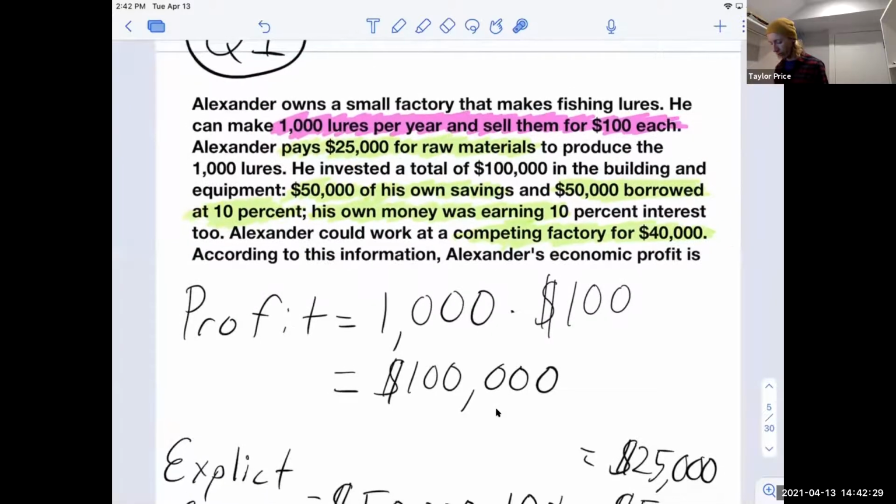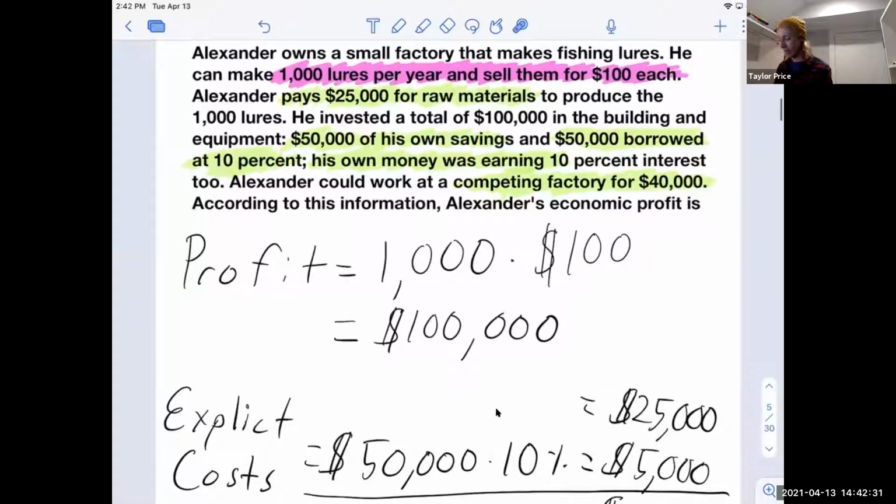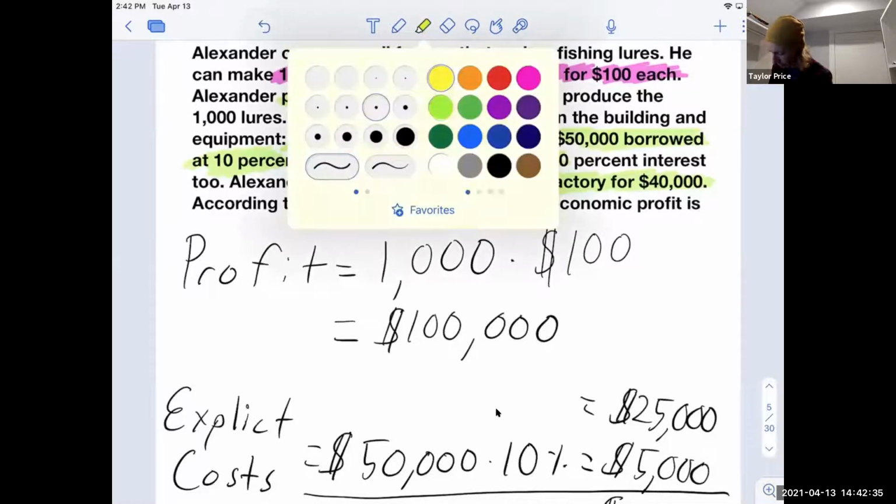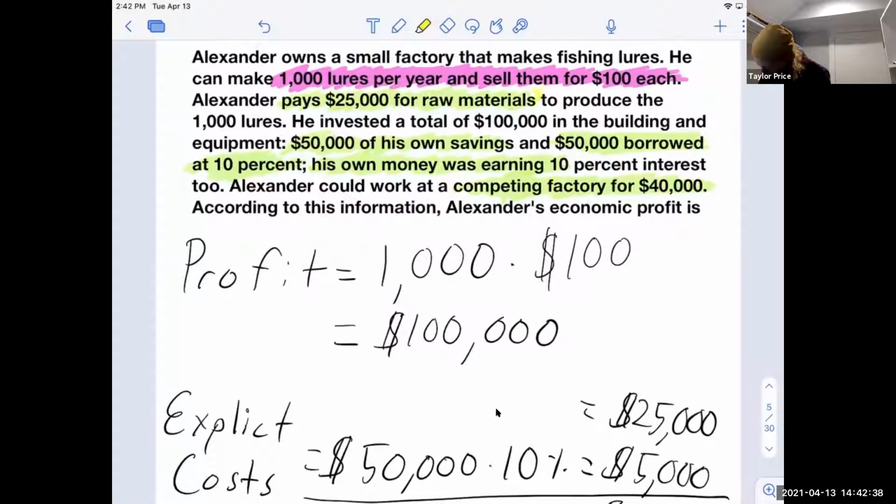So the first one that we need to be aware of, and I'll star this one with yellow, is the $25,000 that he pays for raw materials. That is an explicit cost. Alexander is paying that money to someone for raw materials, so that's an outlay of money.